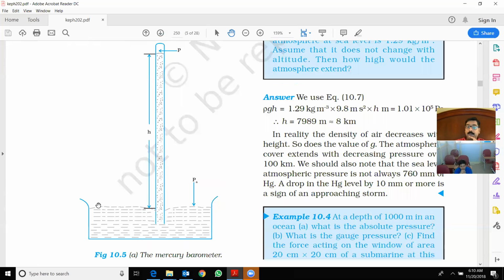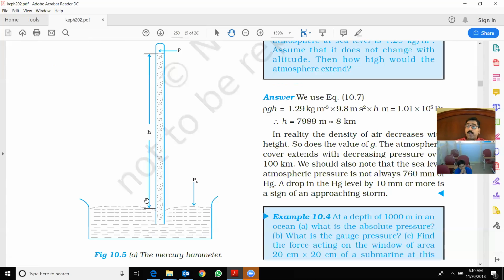That will become equivalent to the... of course once the fluid comes out of this tube, it will change the level of fluid in this larger container, right? Because it's coming out and getting stored again here, so the level will rise.